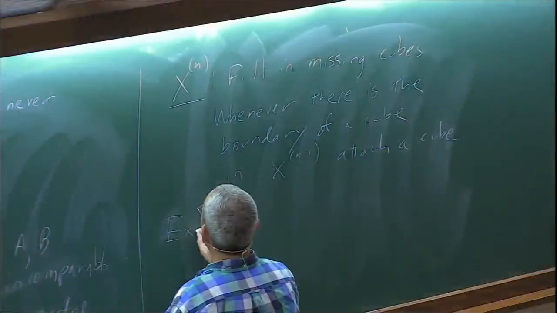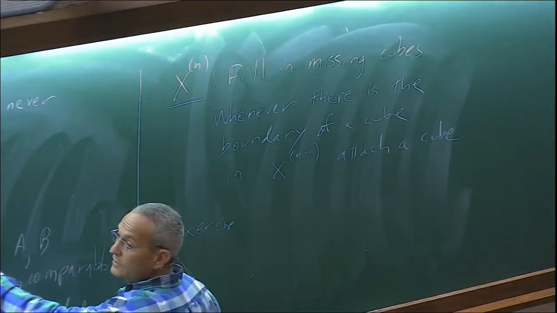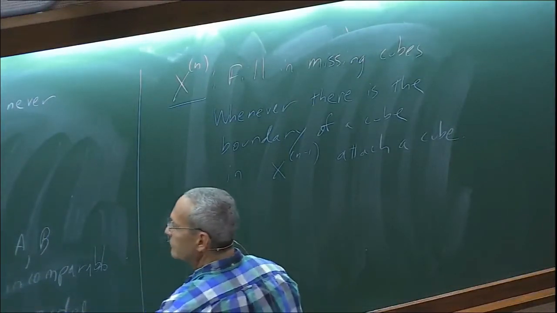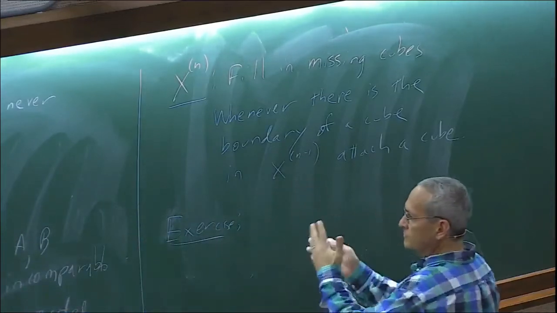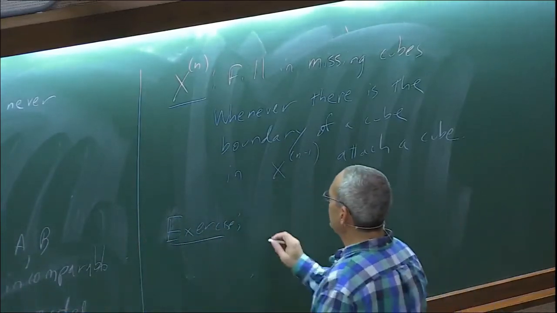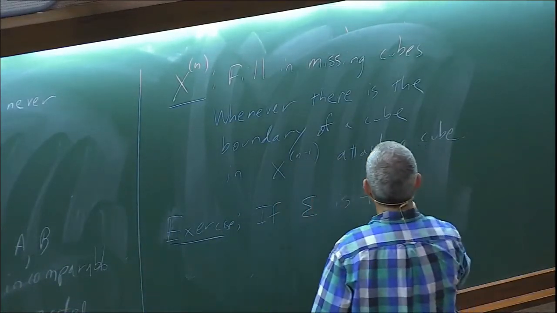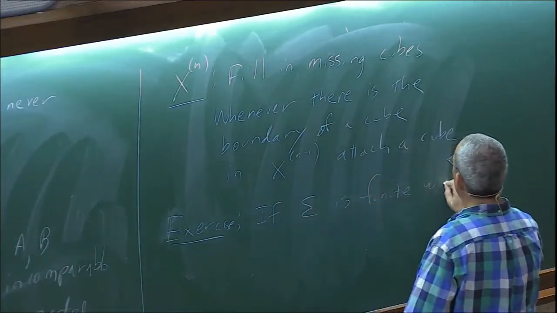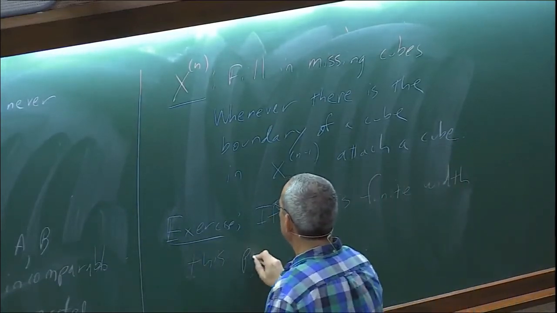So for the case of finite width, so if sigma, so the exercise, and that's thinking just about this kind of stuff. This is a little bit harder, but this is just combinatorial playing around, that if sigma is finite width, this process terminates.